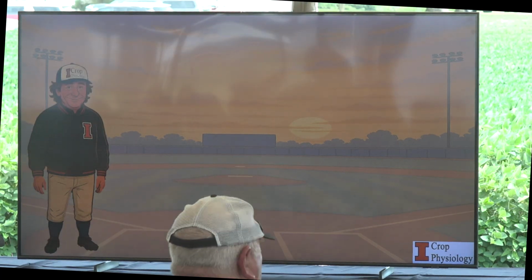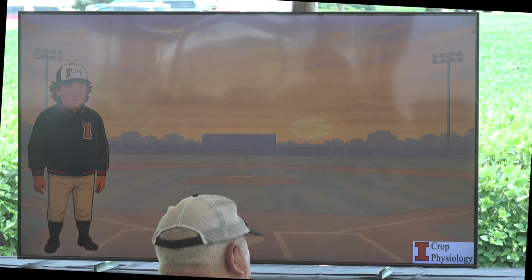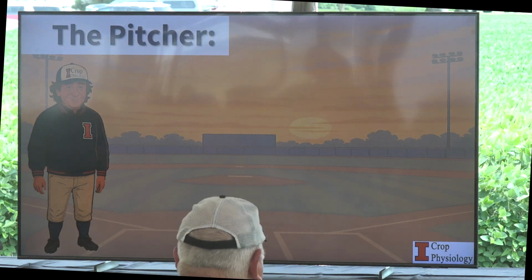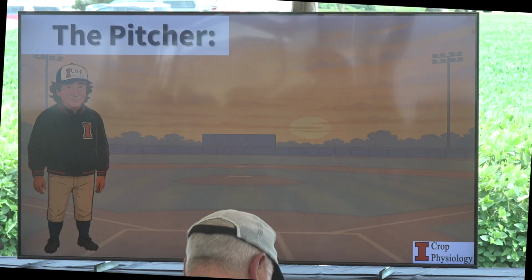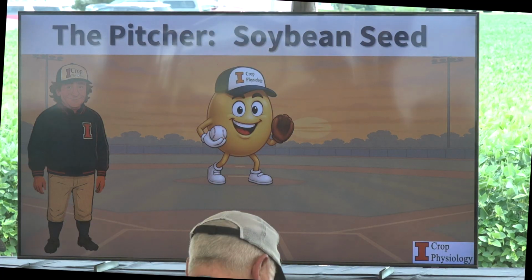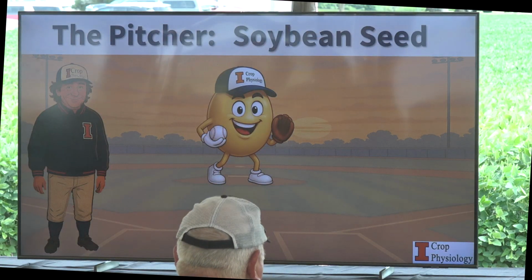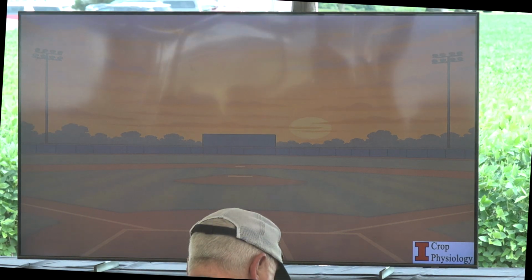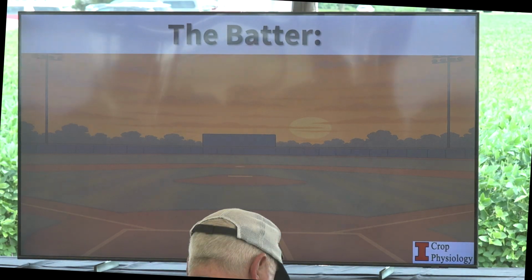Okay, so the first player that we picked for our team, one of the most important players, is the pitcher. In our analogy it is a soybean seed, because it has to be good, because everything starts with a good seed. But the pitcher does not win the game alone, right? We need more players. And we need a good batter to support the pitcher.